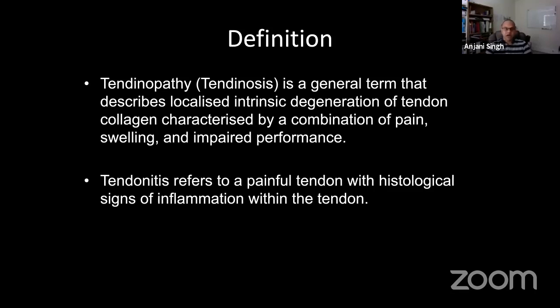These two definitions are sometimes used interchangeably, but there has to be a broad difference between itis, which means inflammation, and pathy or tendinosis, which means more of a degenerative change in the structure of the tendon, which we tend to see more.